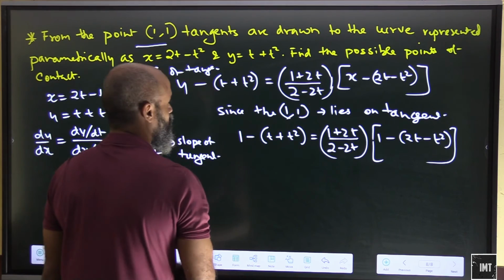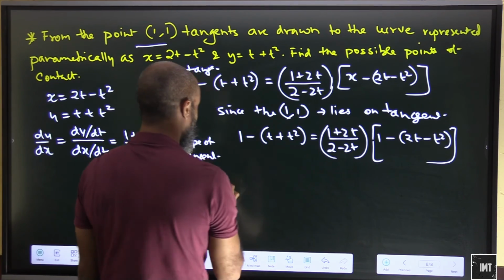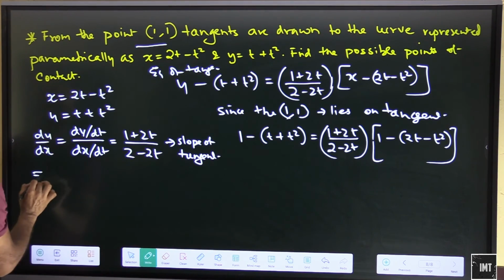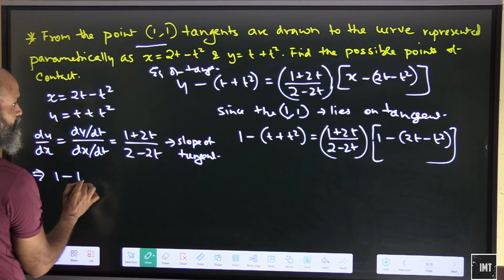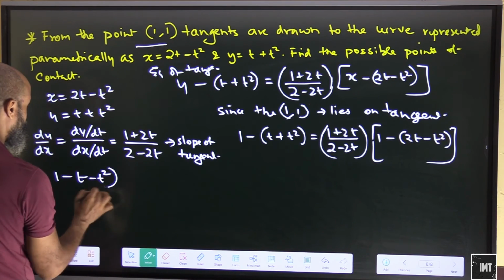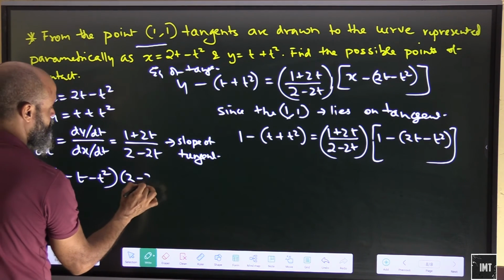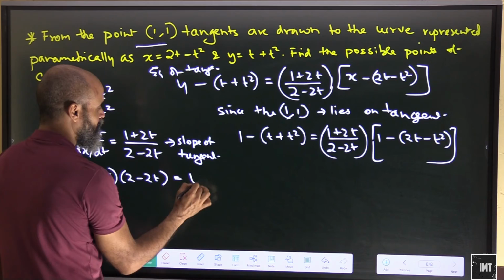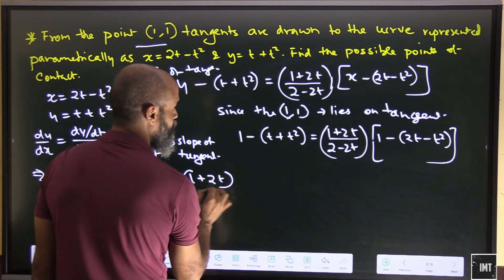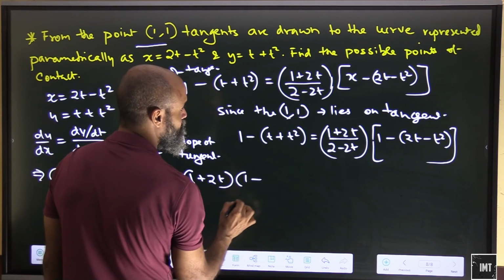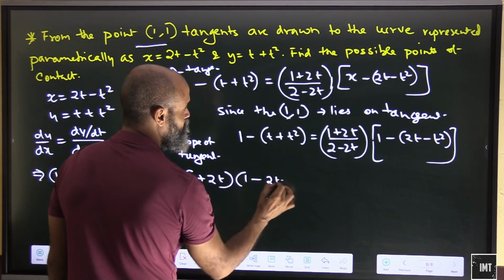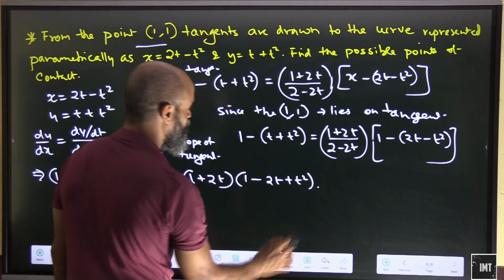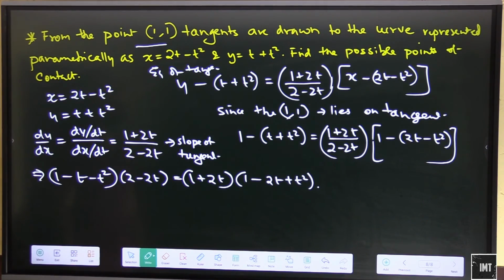So this is going to be 1 minus t minus t square into 2 minus 2t is equal to 1 plus 2t into 1 minus 2t plus t square.